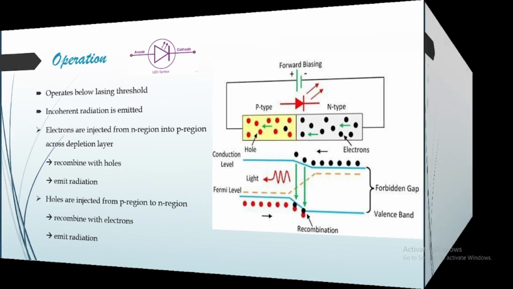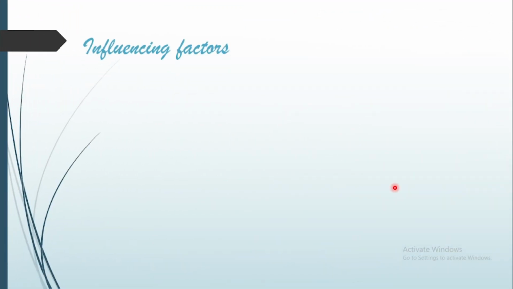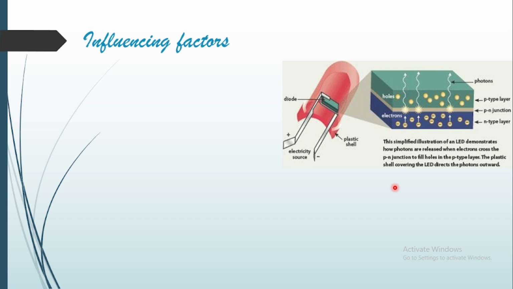Then moving to the factors which influence the operation or efficiency of LEDs. The first prime factor is the energy gap. The energy gap is the energy difference between the minimum of the conduction band and the maximum of the valence band.